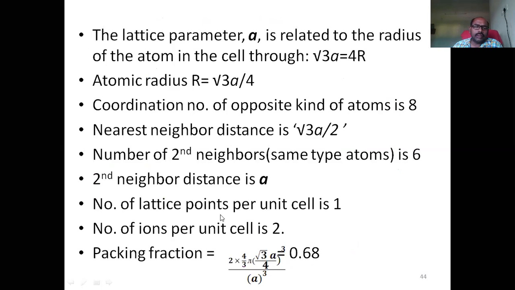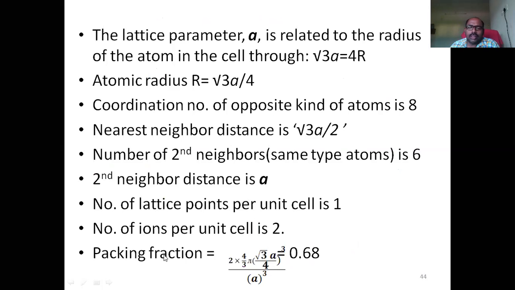The number of lattice points per unit cell is 1, and the ions per unit cell is 2. That means one cesium plus ion and one Cl minus ion, 2 total.